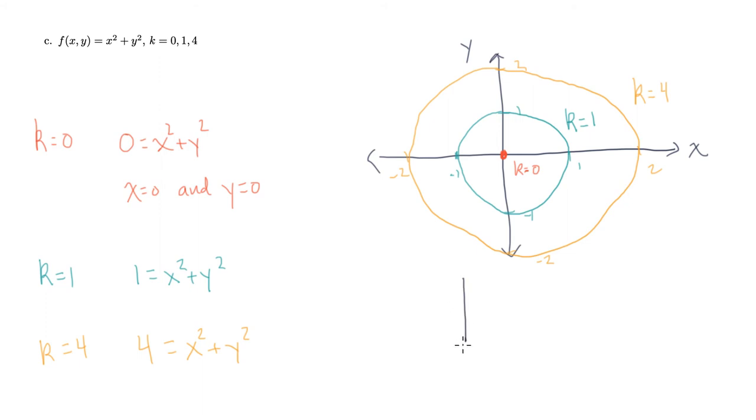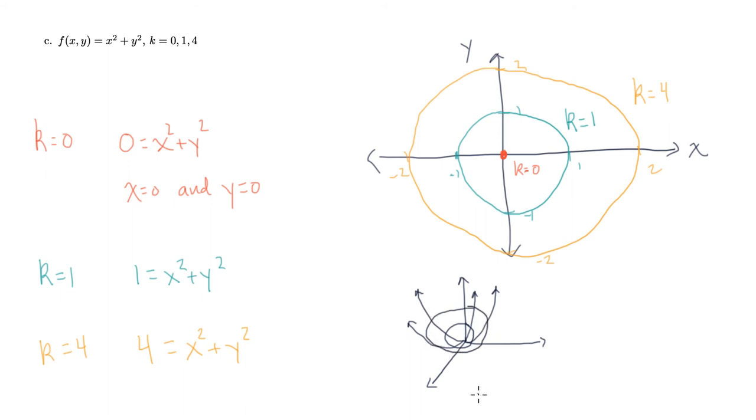So if we really looked at the three-dimensional graph of this surface, then what we have is almost like a bowl-like shape, like this. And these level curves are going out like this.